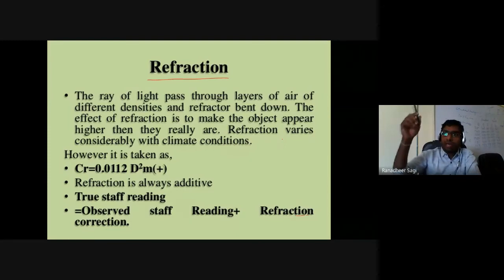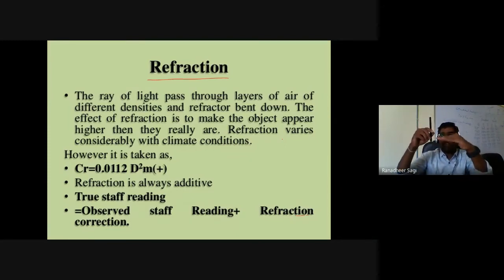Then automatically the staff reading we get on the leveling staff is lesser than the correct value. As the observed value is lesser than the correct value, the correction is going to be positive. That's the reason why we say the correction for refraction is always positive.